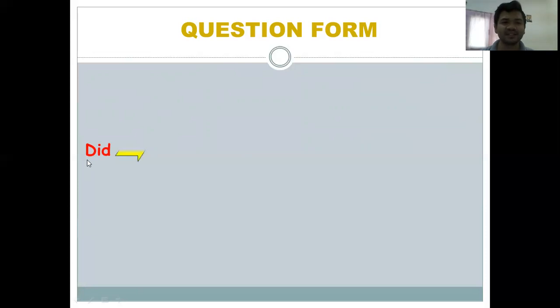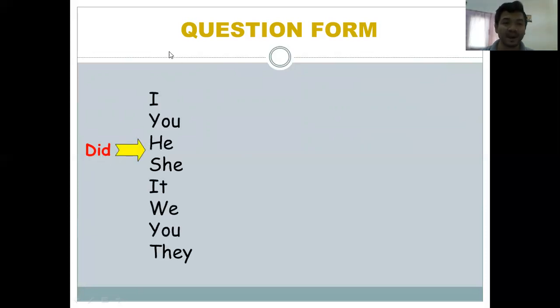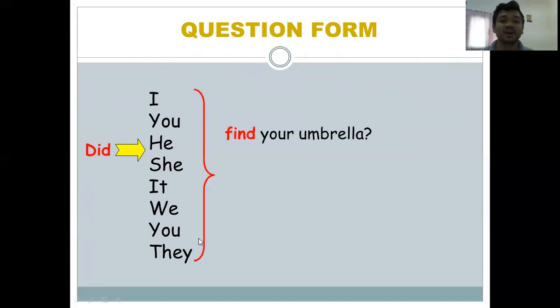The structure is very easy. We have did plus the subject. Did I, did you, did he, did she, did it, did we, did you, did they, and then afterwards the verb. Now take note here, the verb is always in simple present.